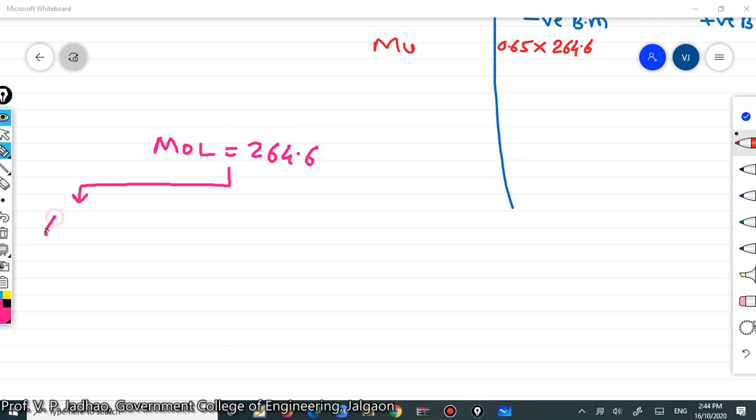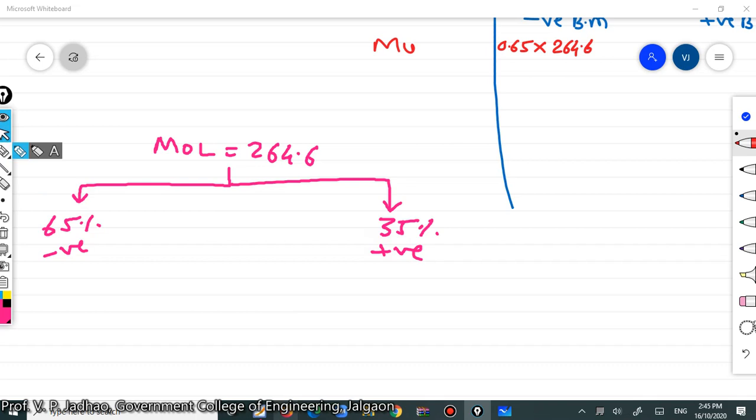Now out of these, 65% is negative bending moment, and 35% is positive bending moment. This is positive bending moment. Now this clause means the total negative bending moment is 0.65 multiplied by 264.6, so this comes out to be some value.